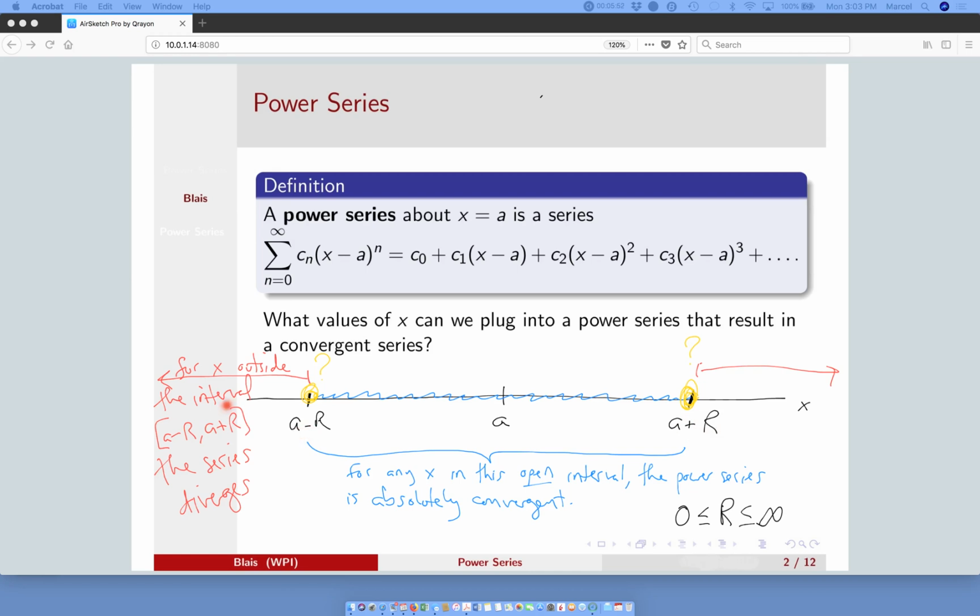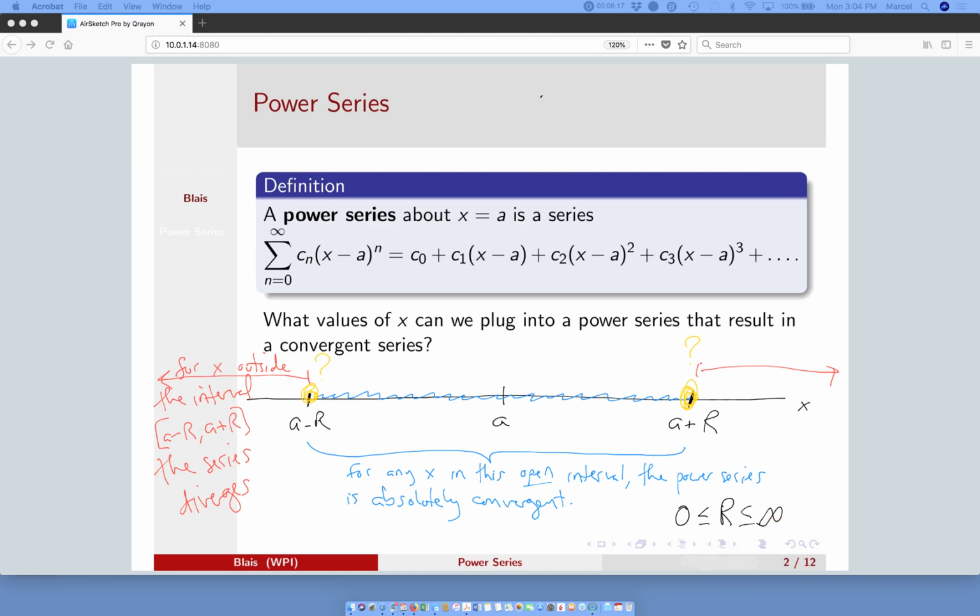It would mean any x on the entire real line will work. If R is 0, that means the right-hand endpoint is A plus 0, and the left-hand endpoint is A plus 0, which means it only works at x equals A. And you can see that here. If you plug in x equals A, that will knock out every term except the first one. So those are the two extreme cases.